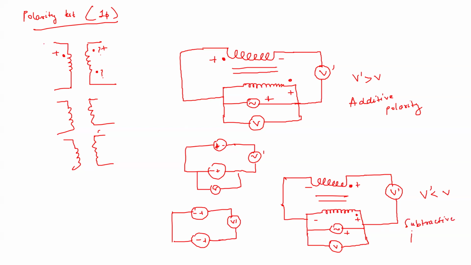In this way, if you are given an unmarked transformer where nothing is written, you can recognize the location of the dot using the polarity test. Here I have discussed the polarity test for single phase.